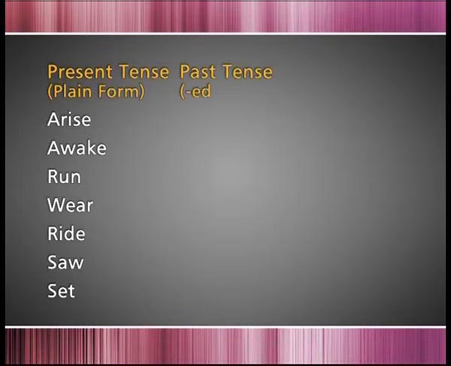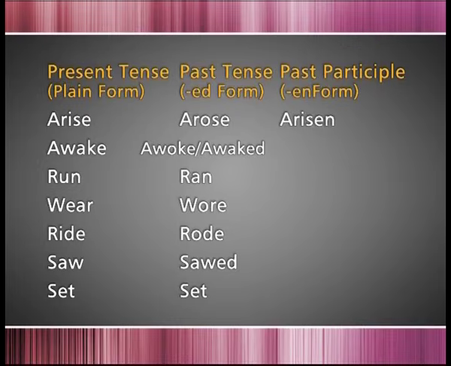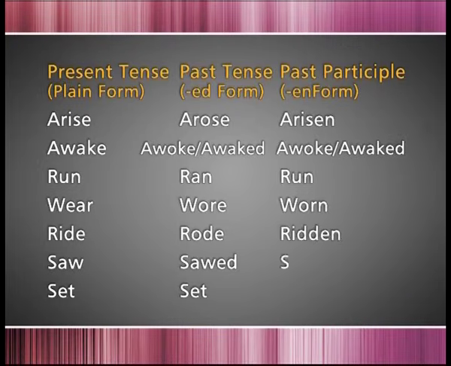Past tense, ED form: arose, awoke, awaked, ran, wore, rode, sawed, set. Past participle, EN form: arisen, awoke, awaked, run, worn, ridden, sawn, set, etc.